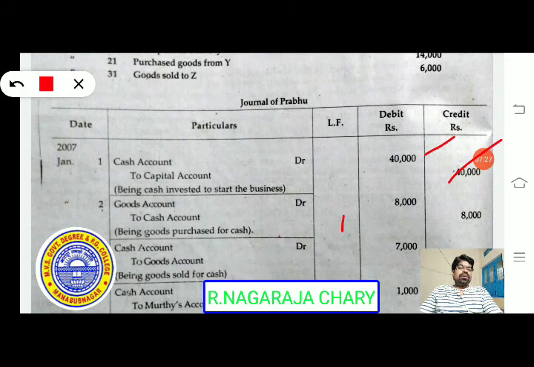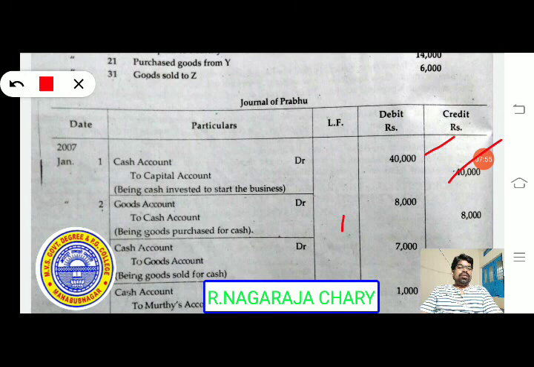So, the prefix is to, TO indicates that aspect is credited. So, cash account is debited, capital account is credited in the books of Prabhu. So, that is why here the journal entry is cash account debtor to capital account.